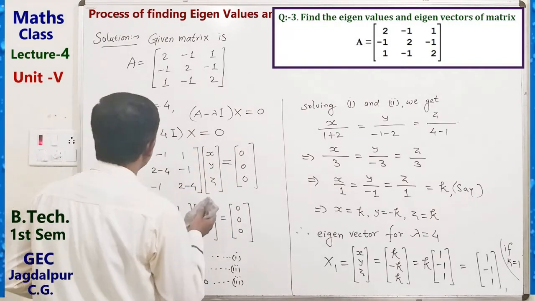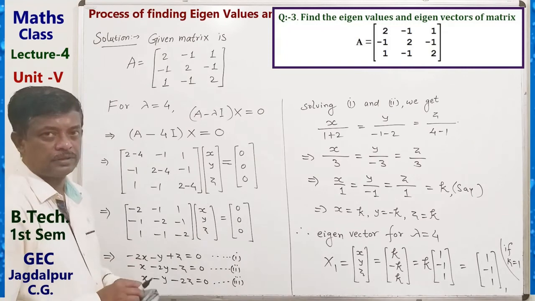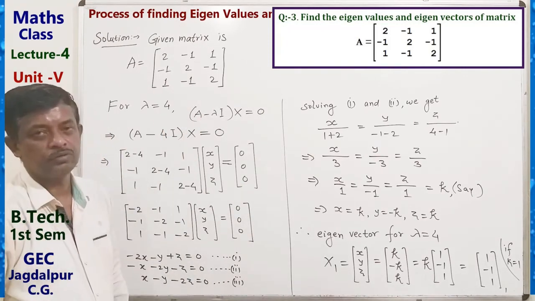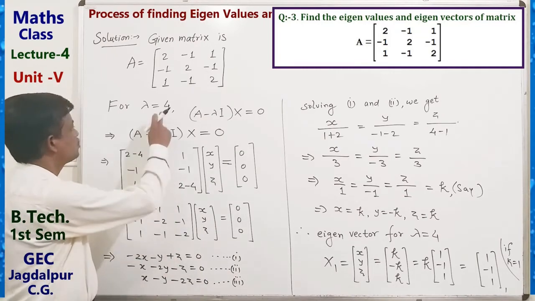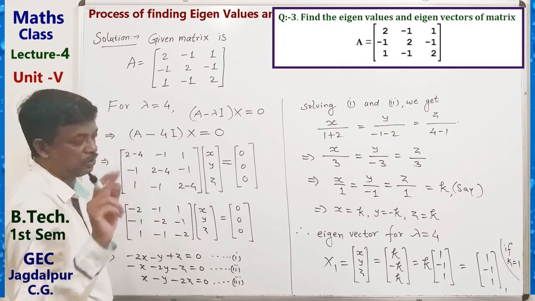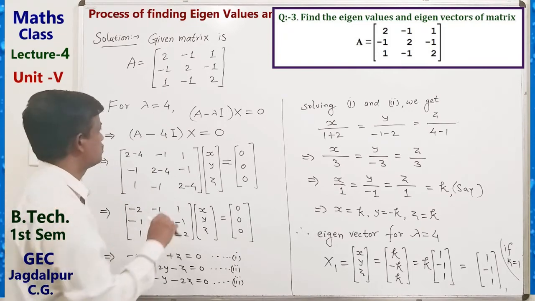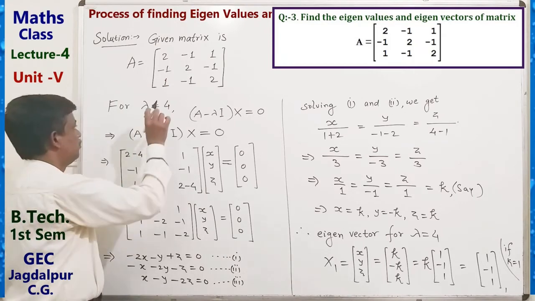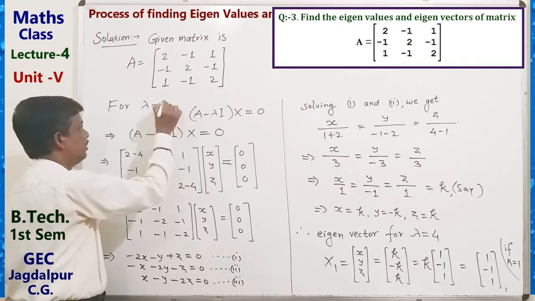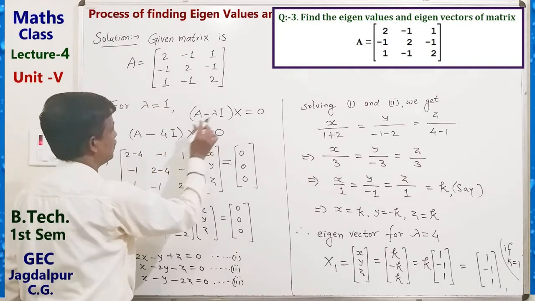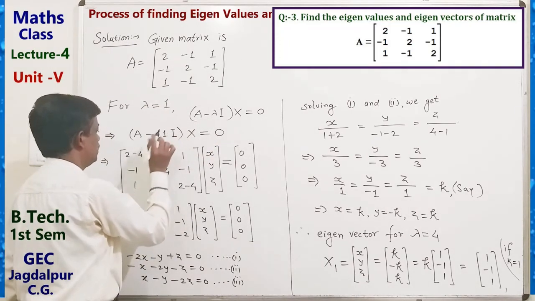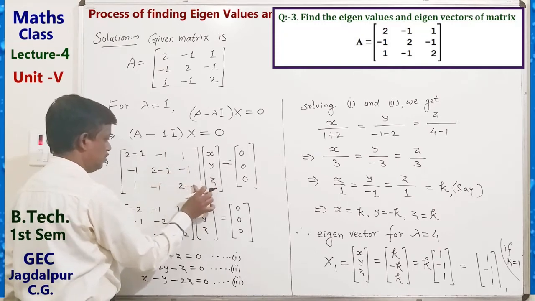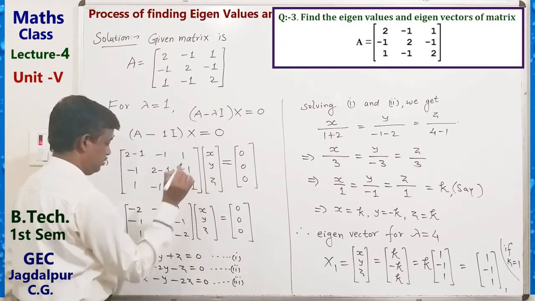So this can be taken as the eigenvector corresponding to lambda equals to 4. Now for equal roots, yes, the matrix is symmetric. So for finding here 1, here 1, here will be 1.